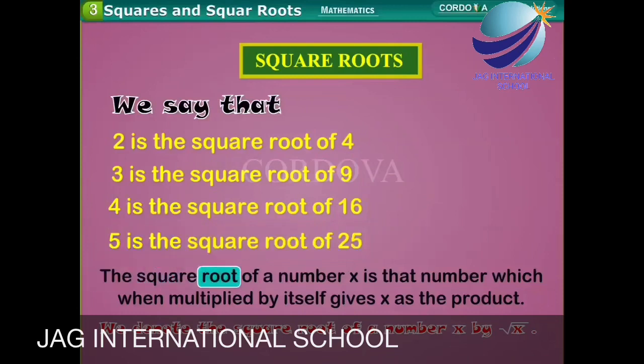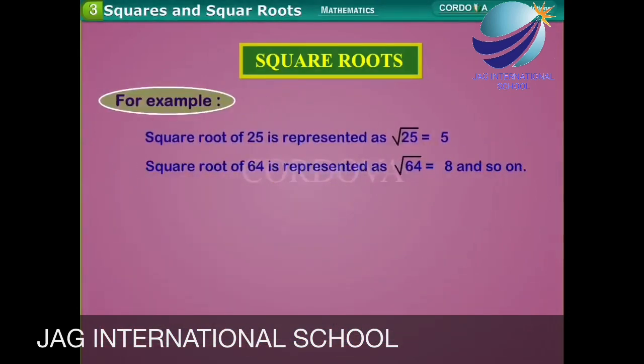The square root of a number x is that number which, when multiplied by itself, gives x as the product. We denote the square root of a number x by √x. For example, the square root of 25 is represented as √25 = 5. The square root of 64 is represented as √64 = 8, and so on.